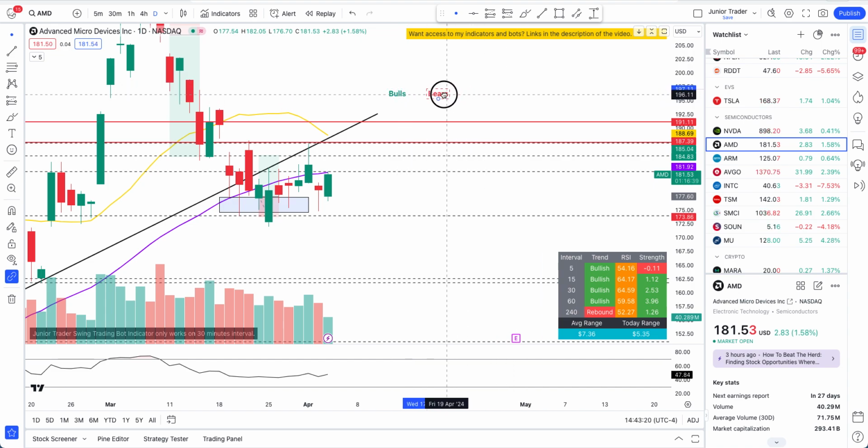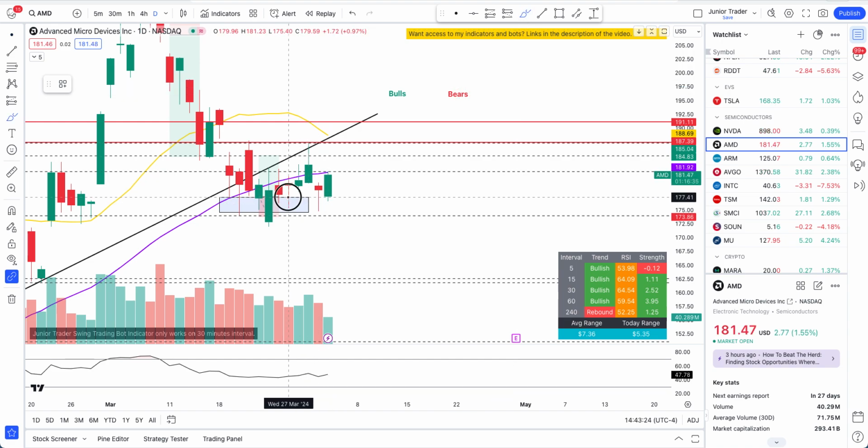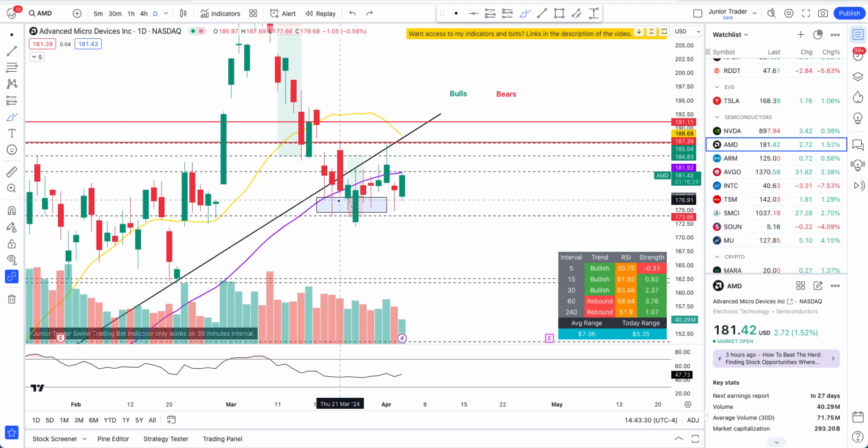So what is happening bullish for AMD right now? The support box is holding, between 177 and 174. Now, what weight should I give to it? This support has been holding for almost 10 days, so it needs a lot of weight because it has held for quite some time.